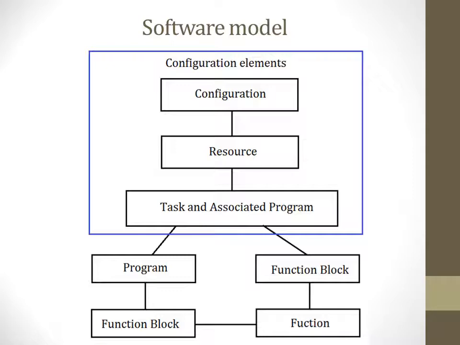So the configuration element of any program in a PLC is a configuration, which can contain some resources, and resources contain tasks and associated programs, which have to contain one or more programs as program organization units, other function blocks, and functions. This is what we call the software model for a PLC.